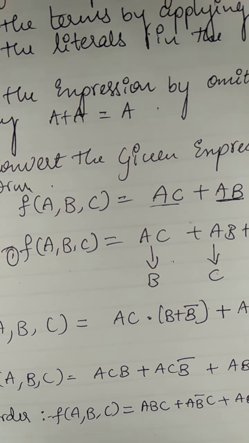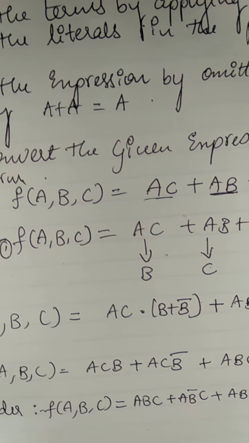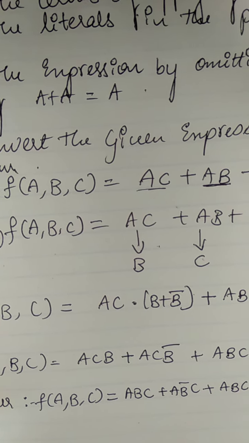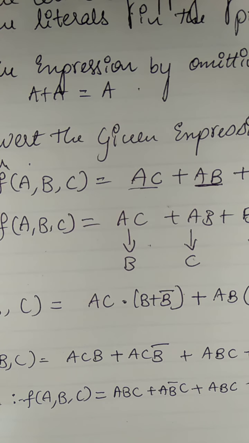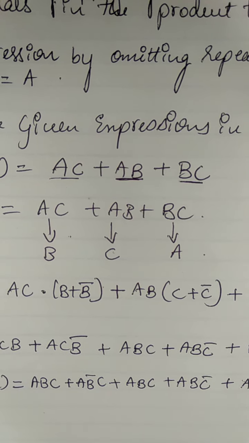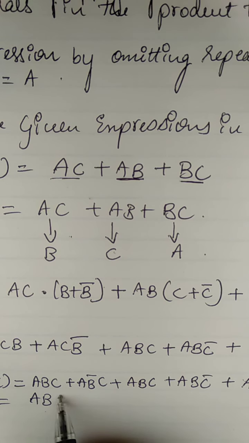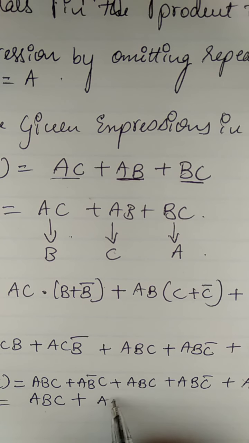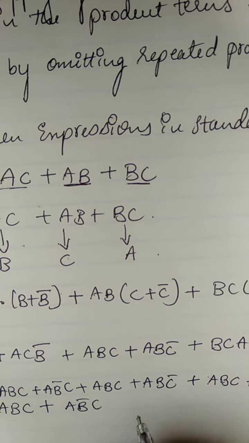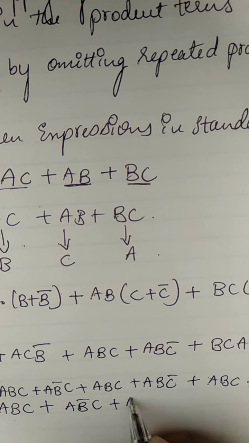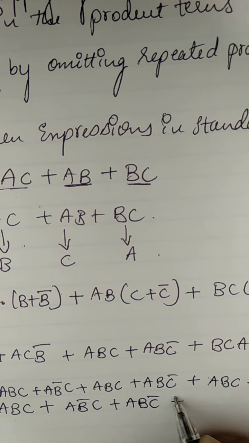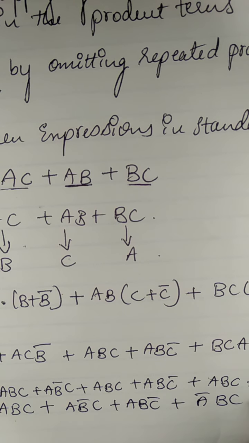So next example. In this example you can take ABC and ABC and ABC. Instead of writing like this, you can write it as ABC plus AB bar C, like the fourth step. Next is ABC bar, next is A bar BC.